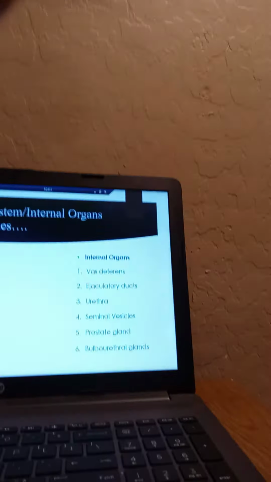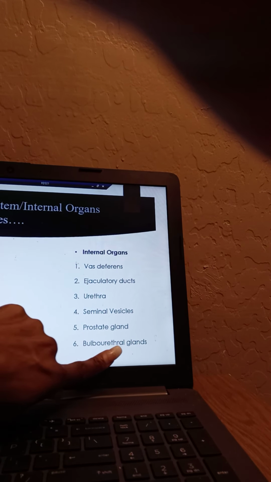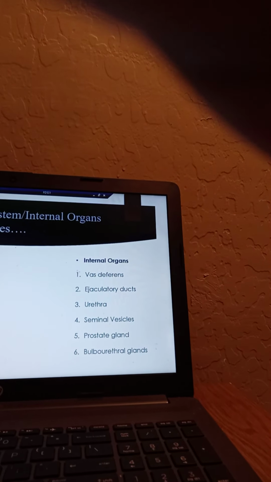Okay, and the 18th slide is the last internal organ, the bulbourethral glands. Basically, it's a small pea-sized structure that's located on the side of the urethra, just below the prostate gland.